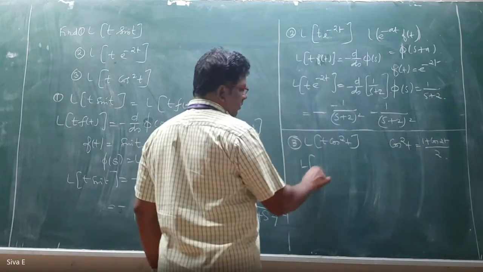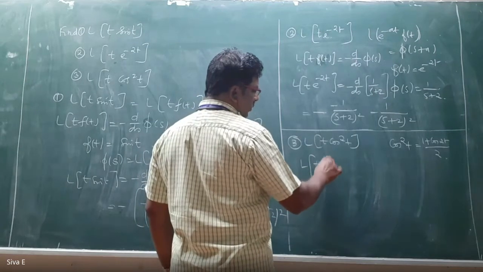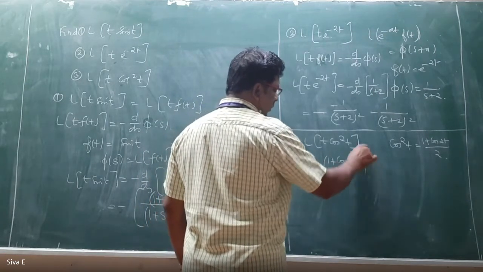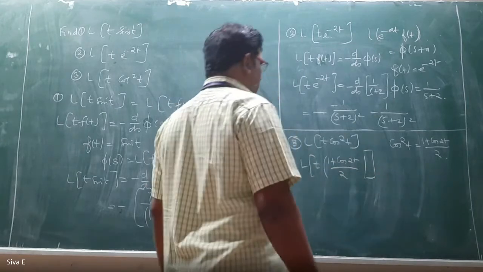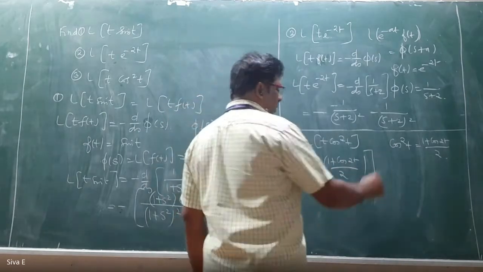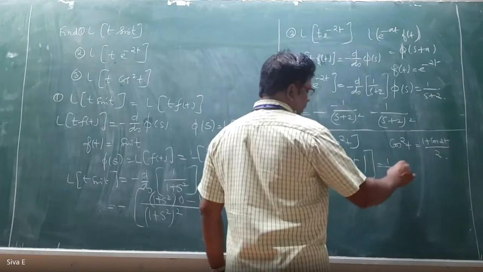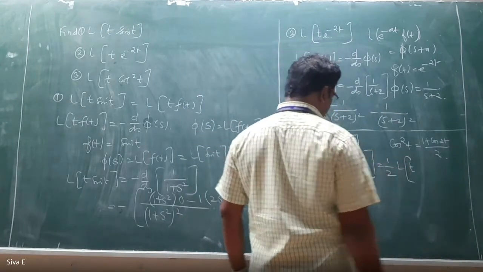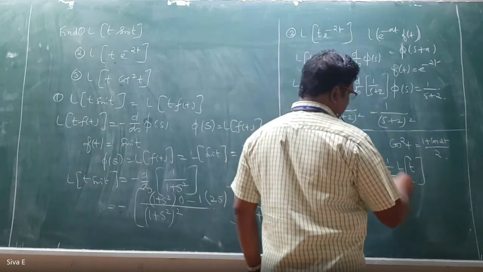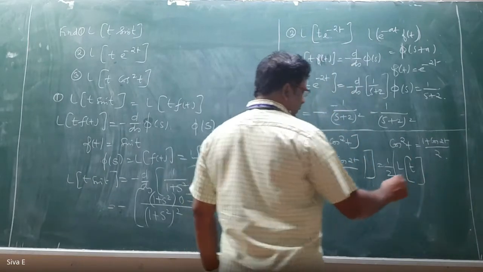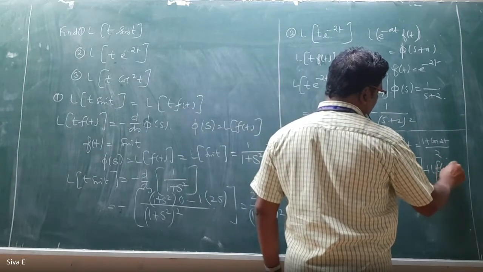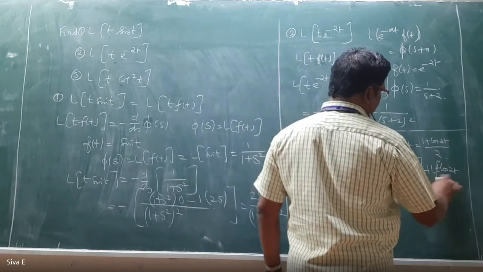Therefore, Laplace transform of t into 1 plus cos 2t by 2. Taking that 1 by 2 outside, multiply the t here: Laplace transform of t plus Laplace transform of t cos 2t.